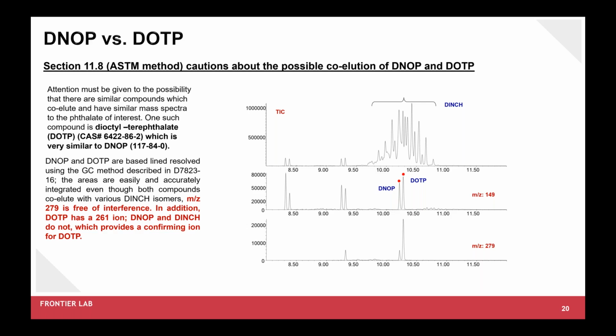With thermal desorption GCMS, you can easily and accurately identify DNOP and DOTP, even though both compounds co-load with various DINCH isomers, by using an m/z of 279, which is free of interference. In addition, DOTP has a 261 ion, which DNOP and DINCH do not, providing a confirming ion for DOTP.